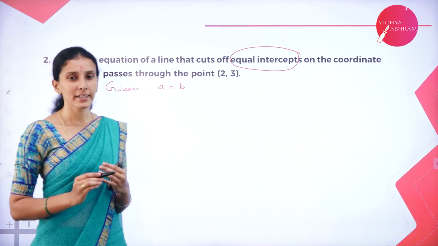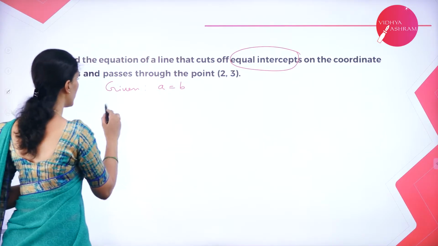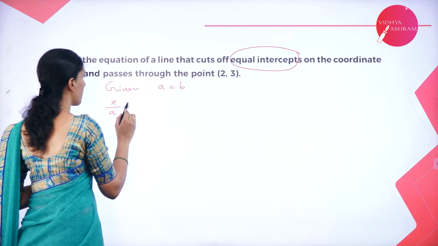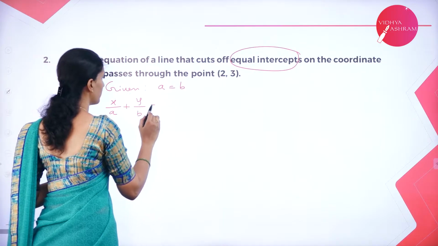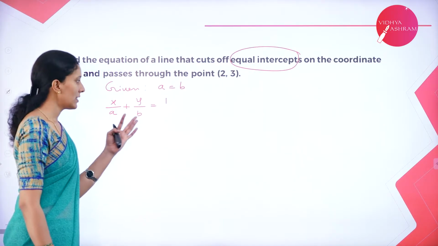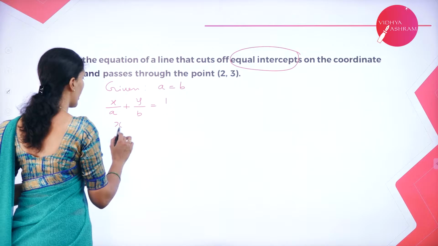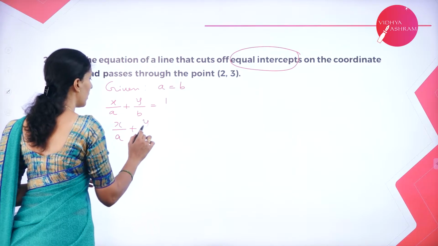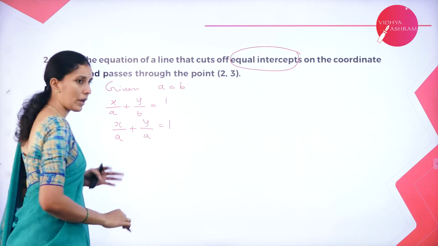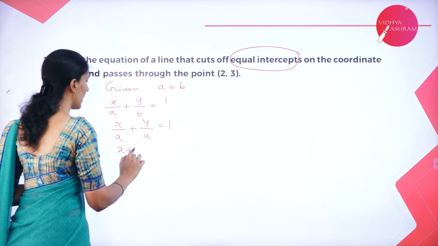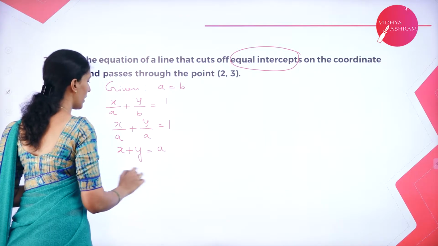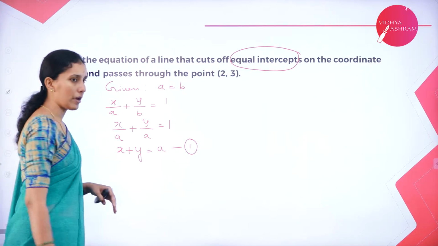Now what is the intercept form of an equation? We know that it is x by a plus y by b is equal to 1. Now since a is equal to b, I can write x by a plus y by a is equal to 1, or you can write it as x plus y is equal to a. So take this as equation 1 now.